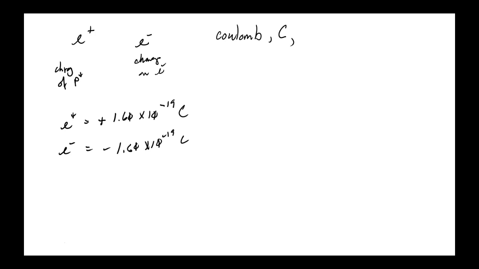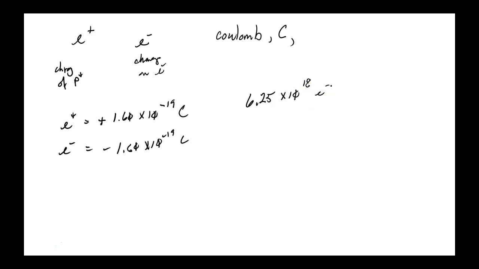How many electrons would it take to make 1 coulomb of charge? Well, you take this number and reciprocate it, and what you get is 6.25, whereas this is an incredibly tiny number. This will be an amazingly large number, times 10 to the positive 18 electrons.